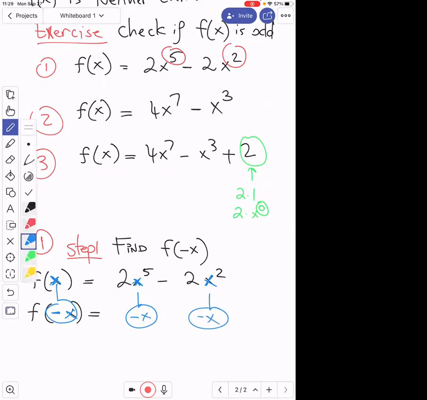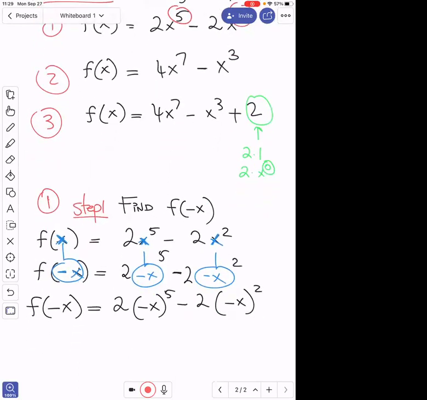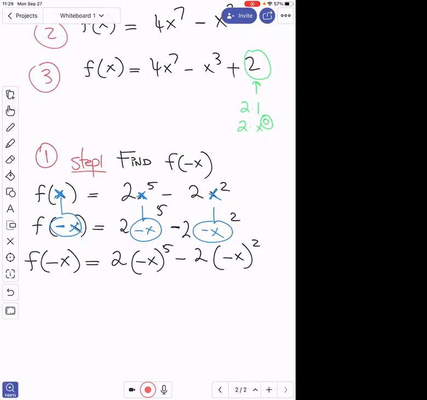Outside we have 2 here, this is power 5, there's a minus, there's another 2, and then there's a square. So if I use parentheses, this is 2(-x)^5 minus 2(-x)^2. Parentheses first, and then exponent.